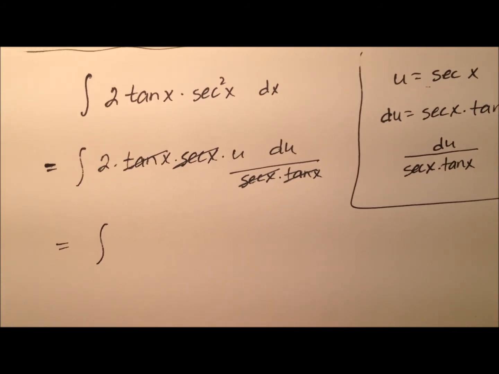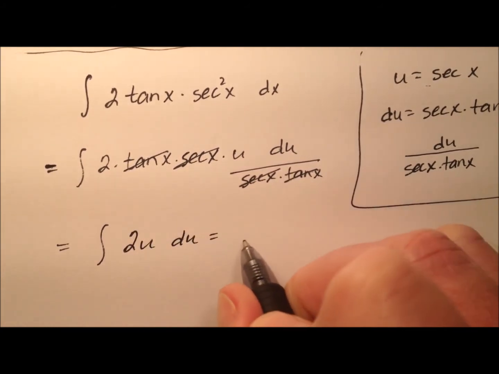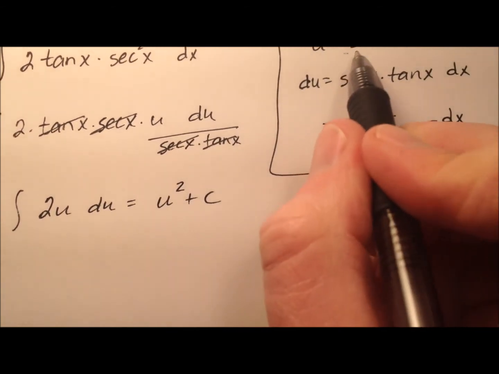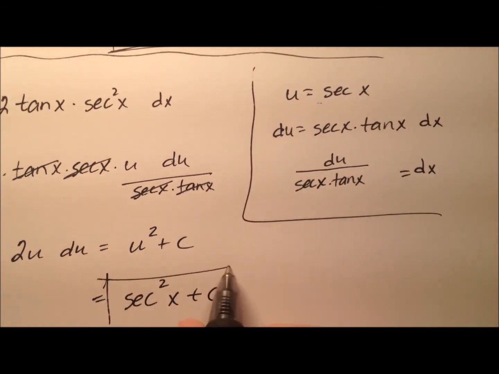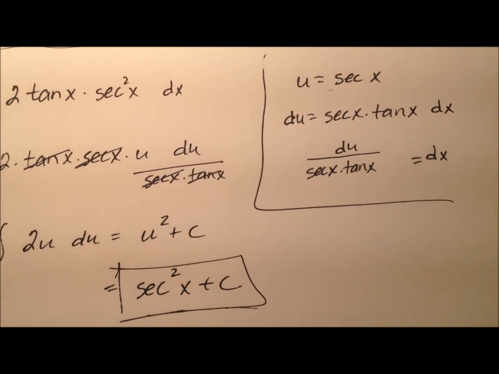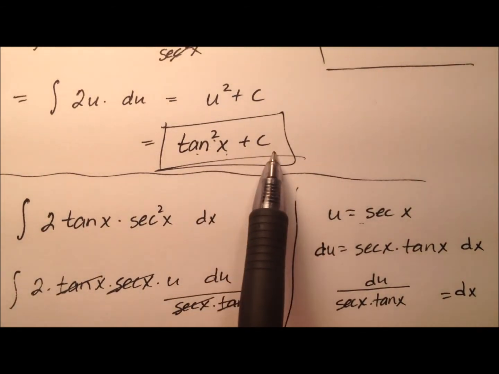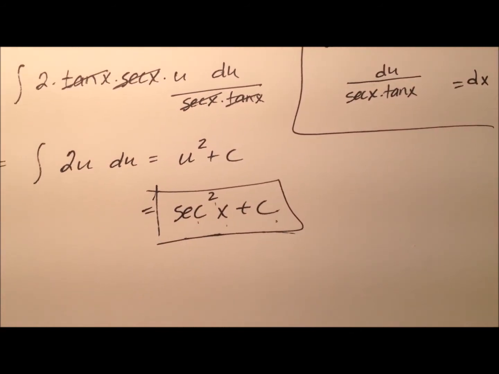And I'm left with, interestingly enough, again, 2u du, which is u squared plus c. But this time my u was secant, so secant squared x plus c. So the same exact integral, but in one case I get tangent squared x plus c, and in the other case I get secant squared x plus c.